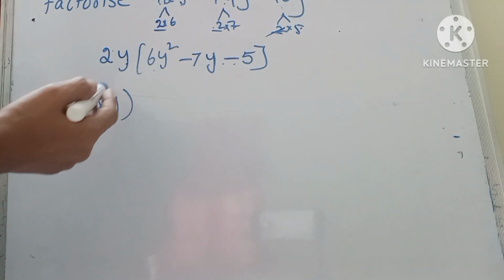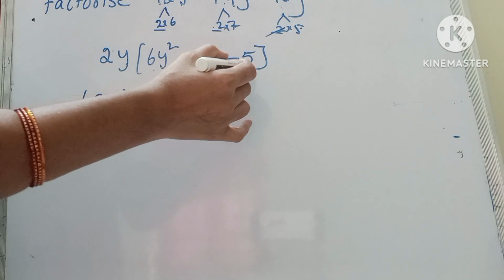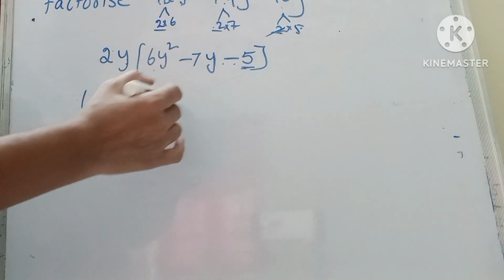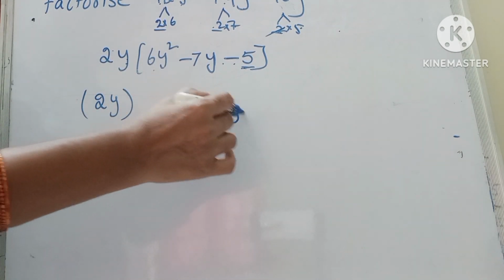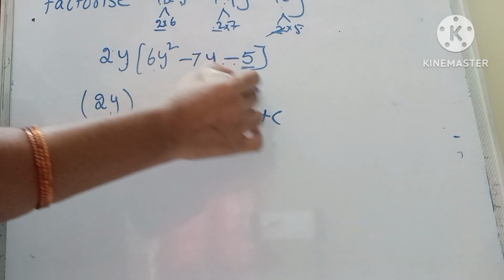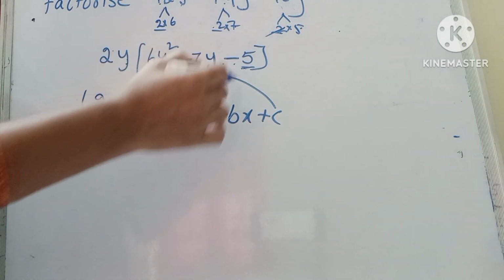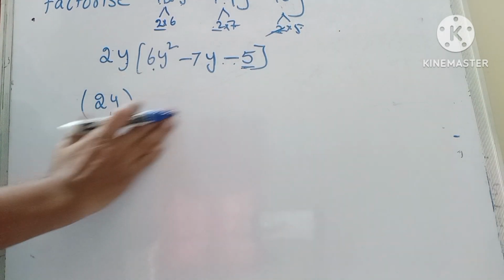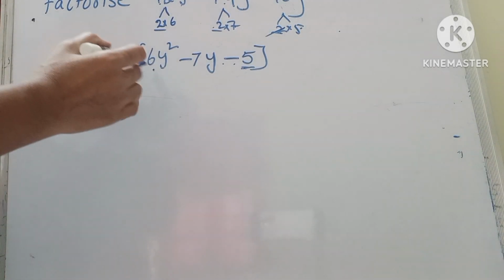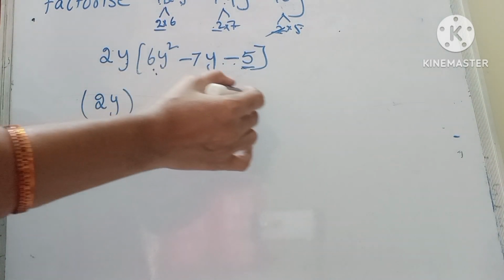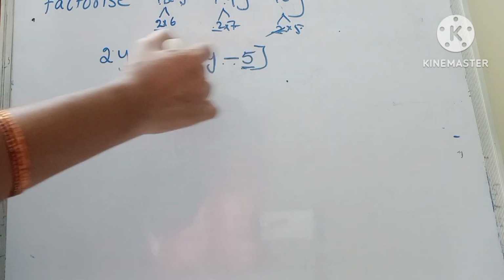Same method which we did for ax square plus bx plus c. Here we have to take the factors of the constant. C in the ax square plus bx plus c, multiply the ac, the product of ac. Here we multiply the first term's coefficient with the constant and take its factors. So 5 times 6.